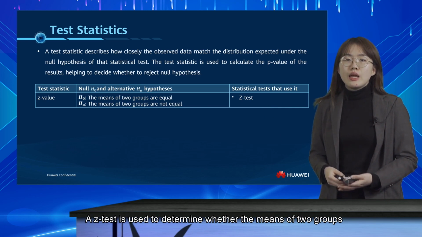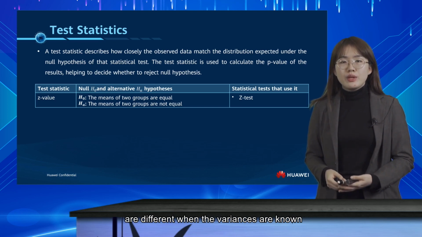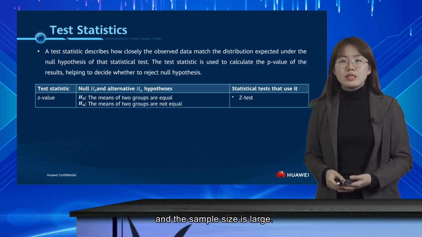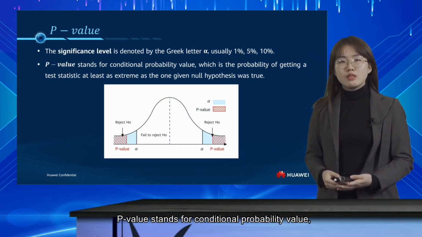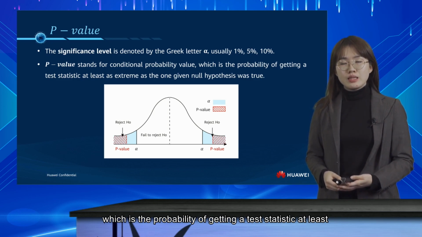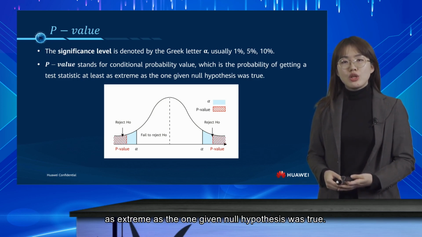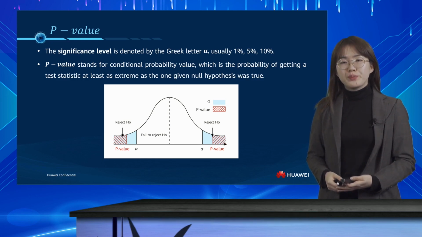A Z-test is used to determine whether the means of two groups are different when the variances are known and the sample size is large. P-value stands for conditional probability value, which is the probability of getting a test statistic at least as strong as the one given the null hypothesis was true.